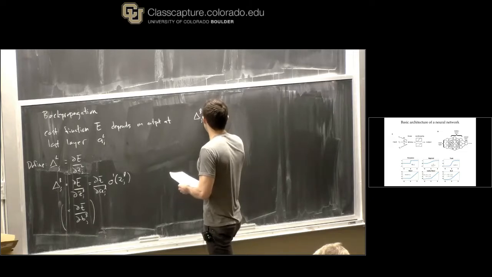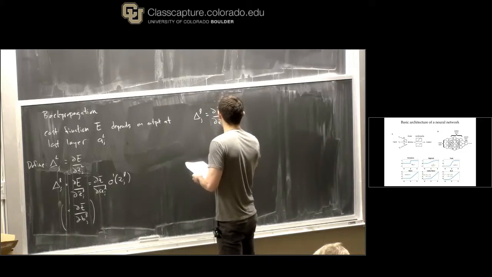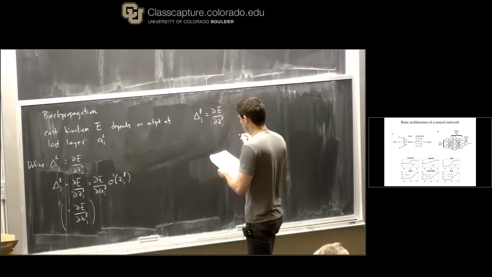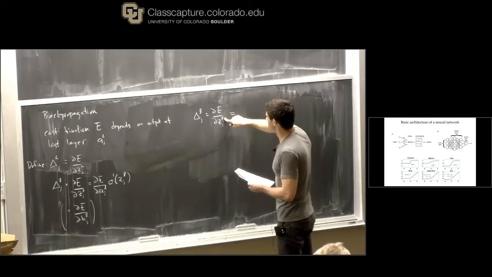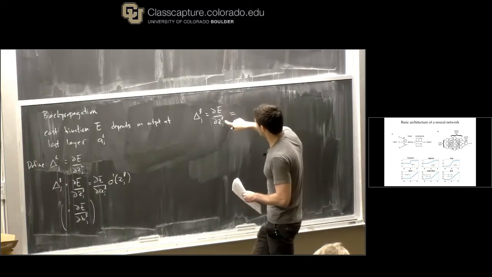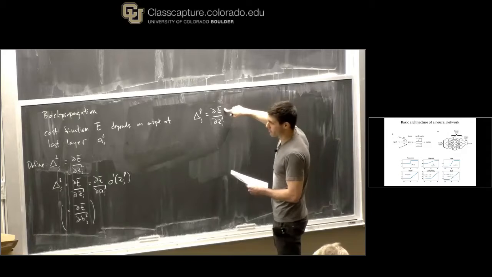So again, this is dE by dZ_J at layer L. What's going on with neuron J can only affect the error based on what all of the neurons in the next layer are doing.